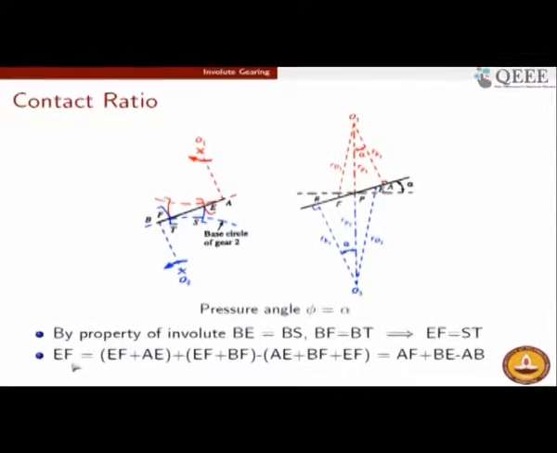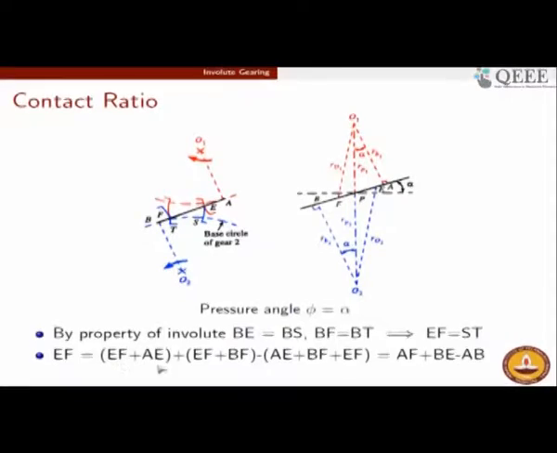Also we note that EF can be alternatively written as EF plus AE, EF plus BF, but then we are double counting EF, so we will subtract one EF, we will also subtract AE, and we will also subtract BF. So just by simple algebraic manipulation, EF could be written in this form: EF plus AE, EF plus BF minus AE minus BF minus EF. Right. So this is what we have.